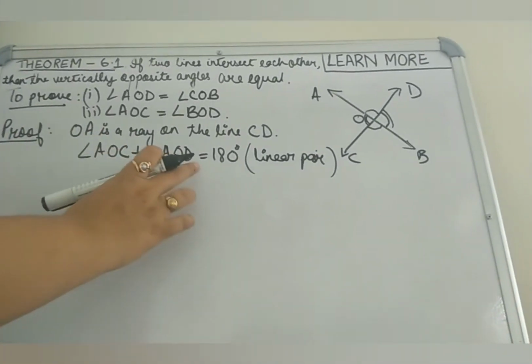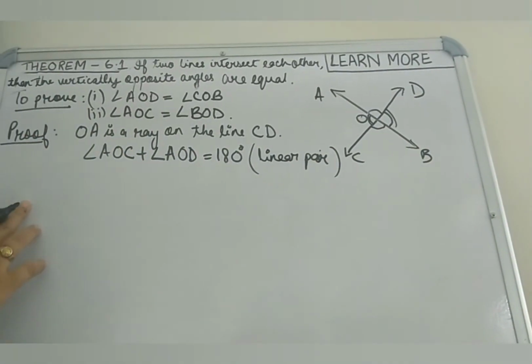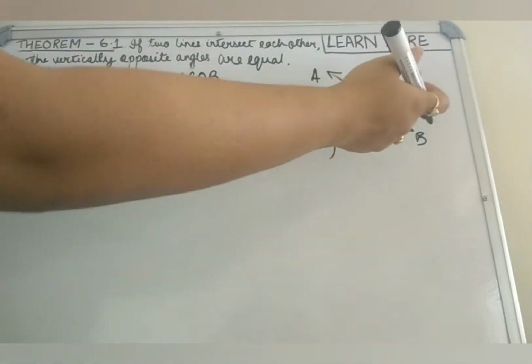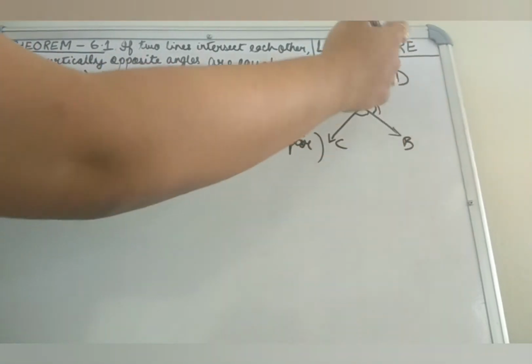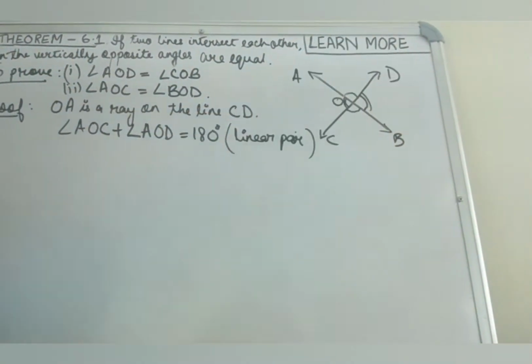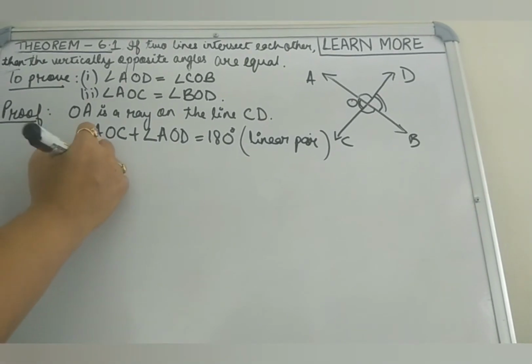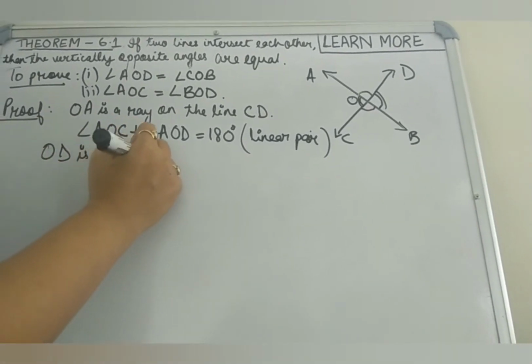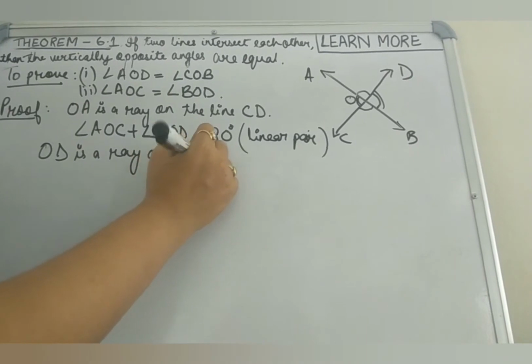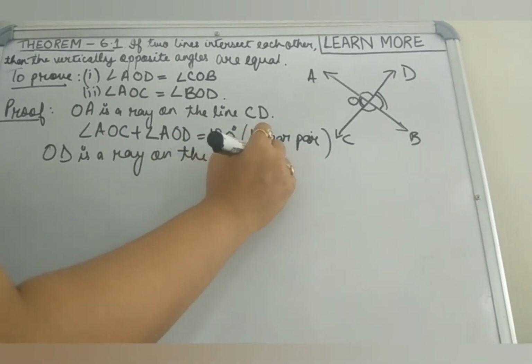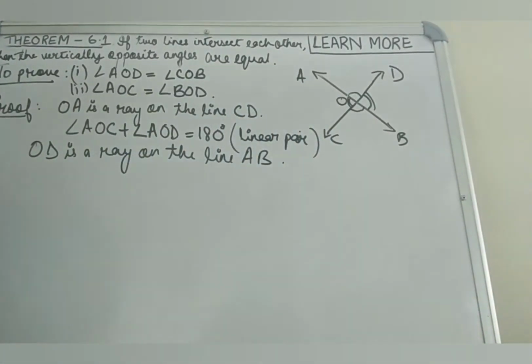Now the first part we got. For the second part, let's take OD as a ray and AB as a line. If we take OD as a ray on the line AB, then what will we get?